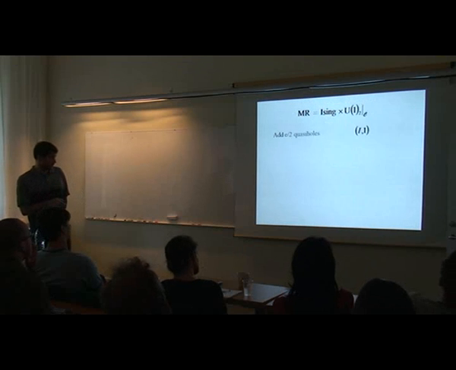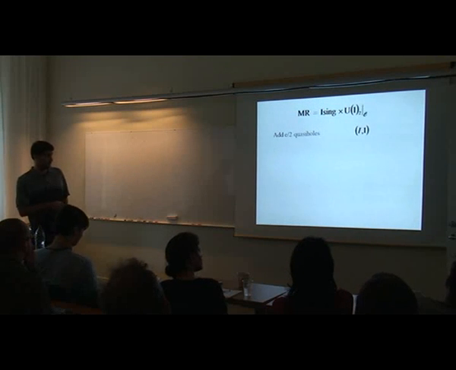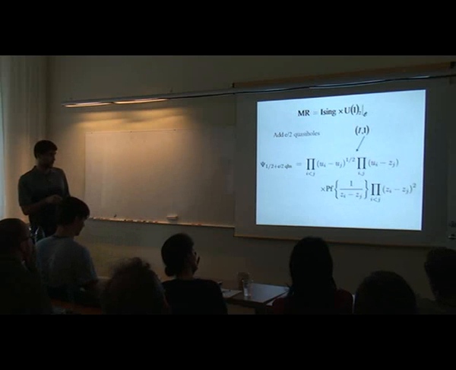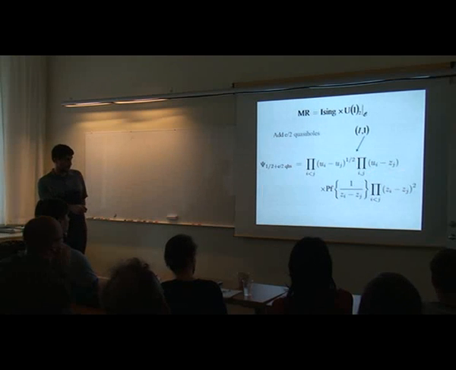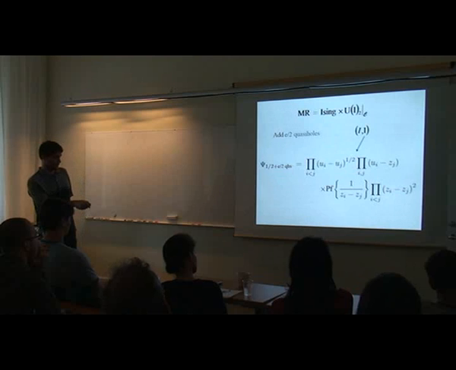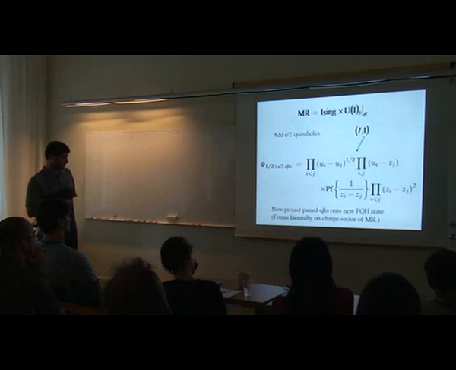Okay, so you start with the Moore-Read state, add in these e/2 abelian quasi-particles, which carry only a flux in the charge sector and trivial charge in the Ising sector. In terms of the wave function, it looks exactly like putting Laughlin quasi-holes into Laughlin states. You just pick up a vortex with respect to the electrons, and now we want to project this state into a new quantum Hall state.